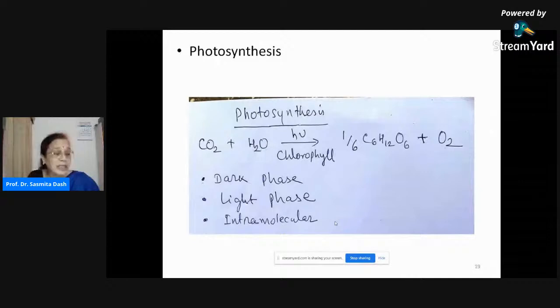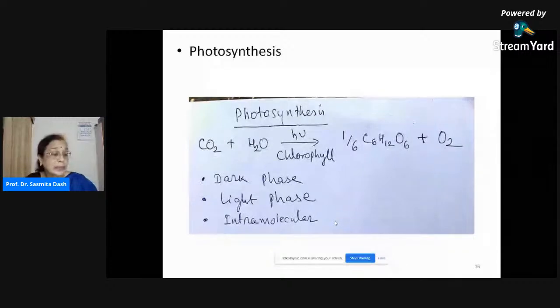A group of scientists found that the rate of photosynthesis was less in continuous illumination compared to alternating light and dark cycles.